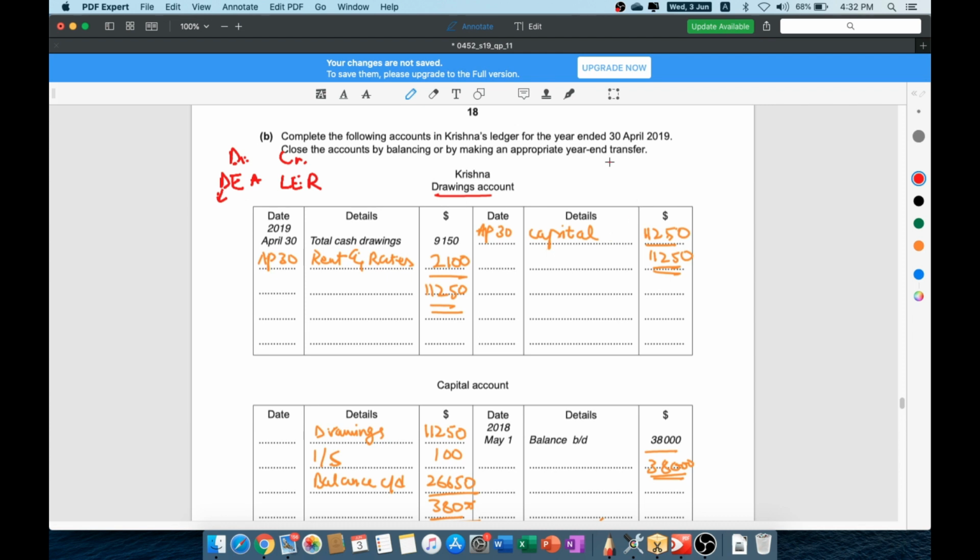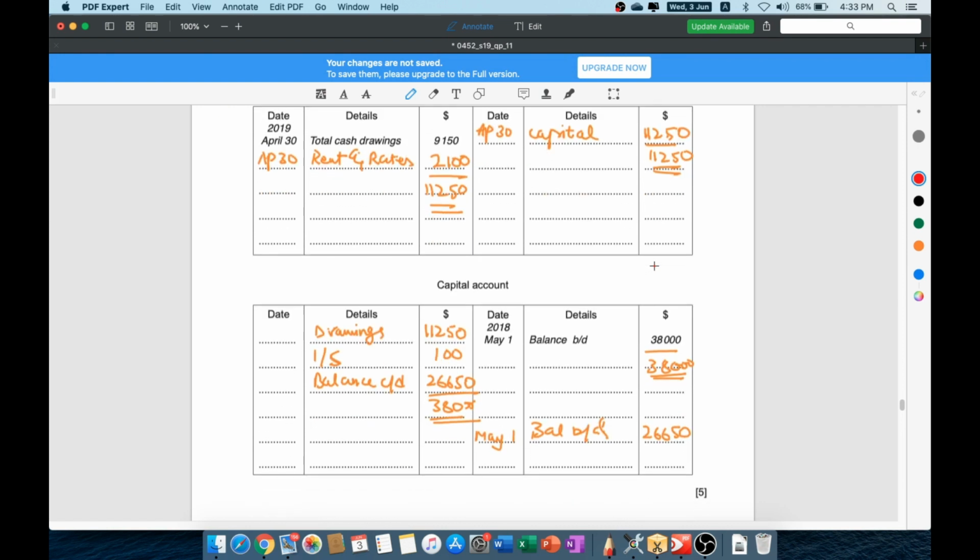You should remember that in the balance sheet, drawings are subtracted from the capital or the equity, right? So we're going to close this account by transferring the drawings to the capital, subtracting from the capital. All right, so that balances this account.